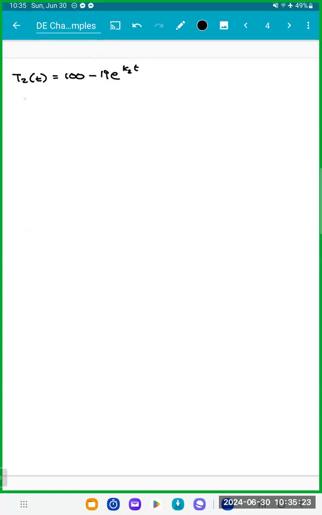So we know that T2 at 1 minute is equal to 100 minus 19e to the K2, and we know that is equal to 91 degrees Celsius because it gave that to us in the initial problem. So e to the K2 is equal to 9 over 19.